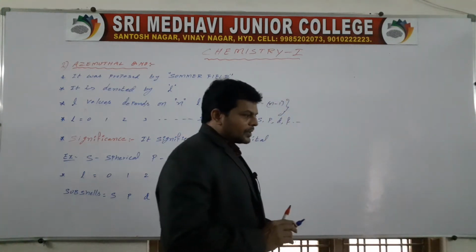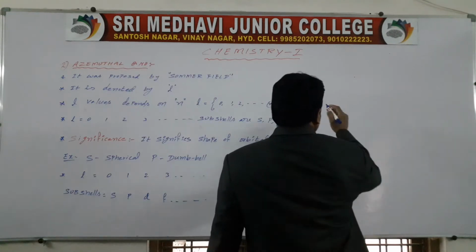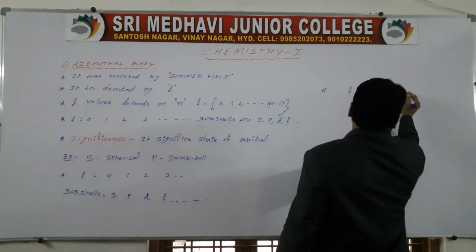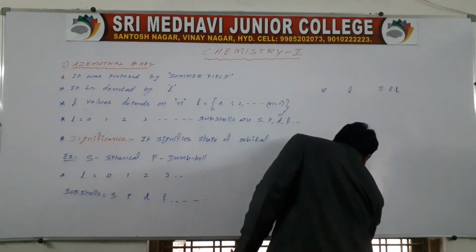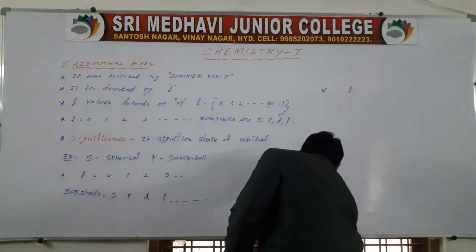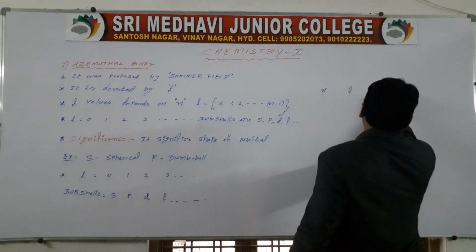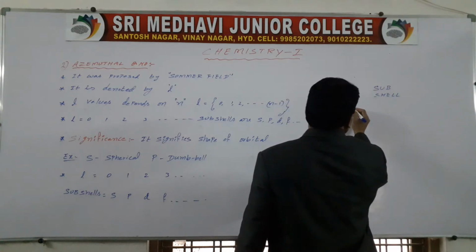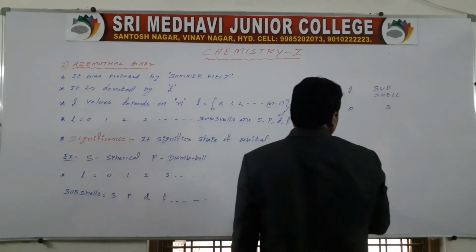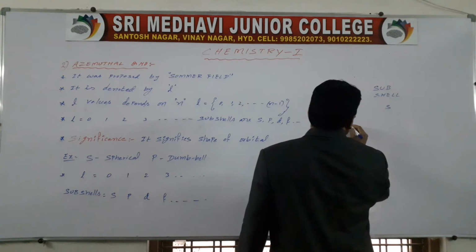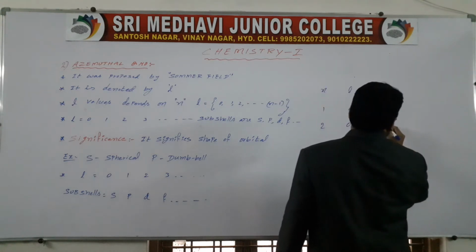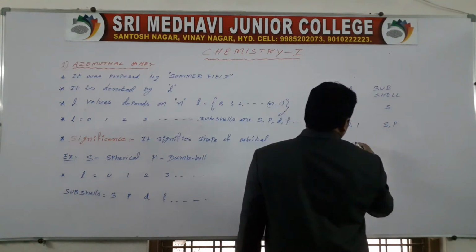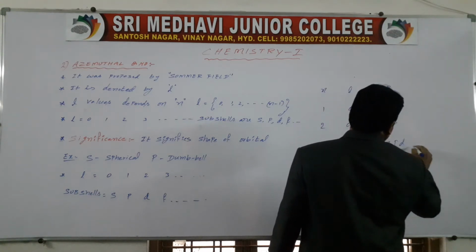For example, n, l sub-energy level. Sub-energy level is nothing but a subshell. n equal to 1, L equal to 0, subshell is s. n equal to 2, so L values are 0, 1 and subshells are s, p. n equal to 3 means 0, 1, 2, subshells are s, p, d.